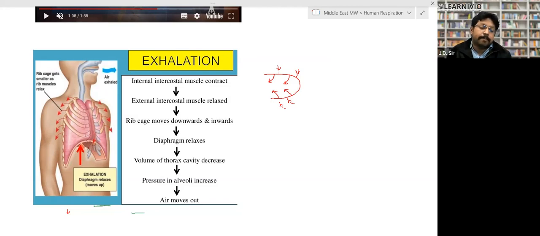By this way, it decreases the volume of lungs. Full stop. Next point.